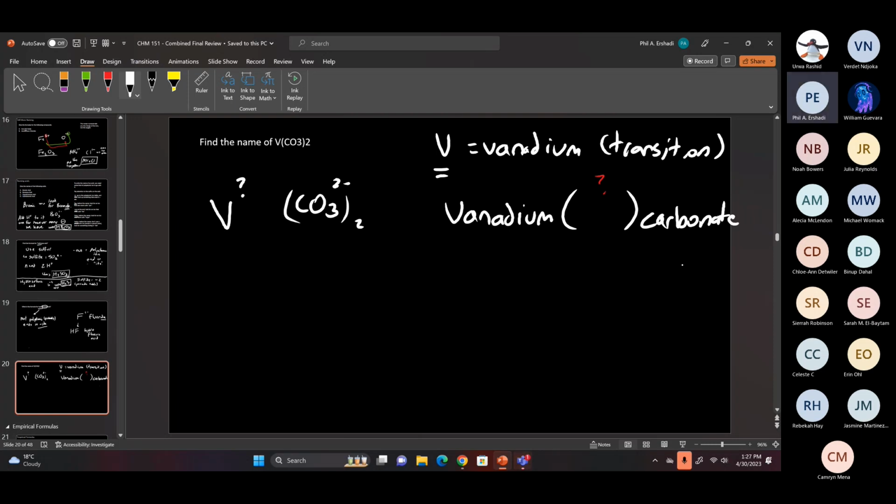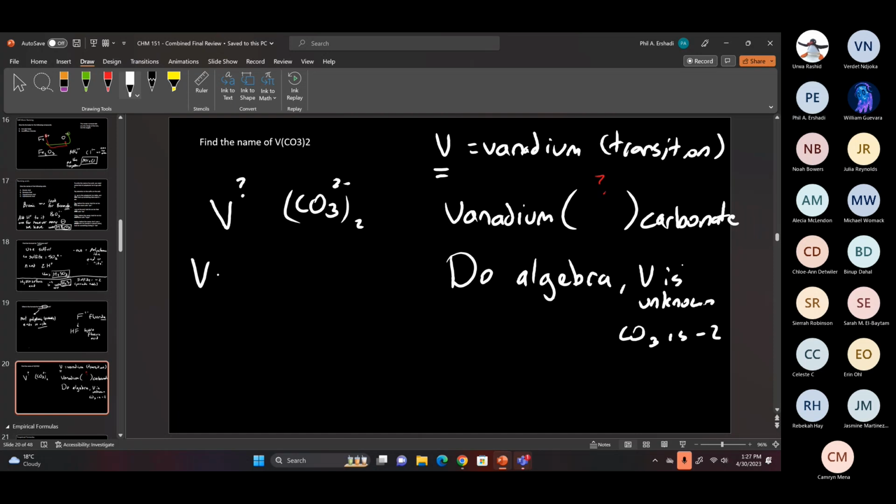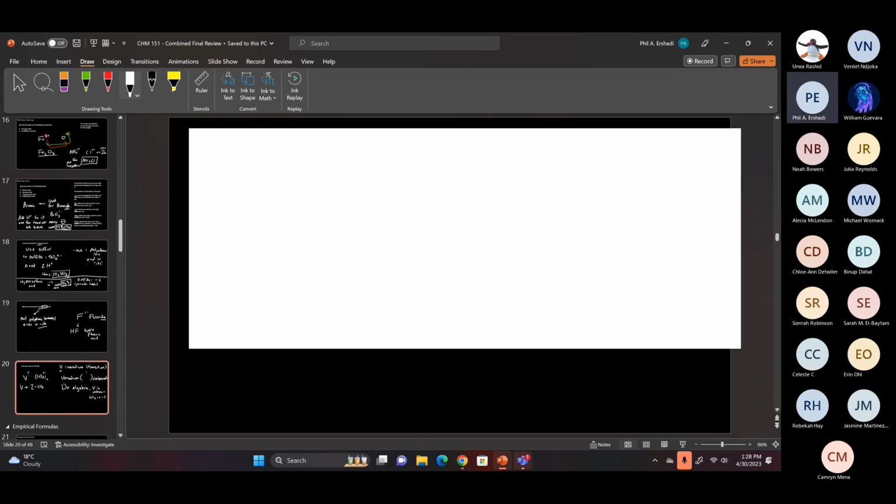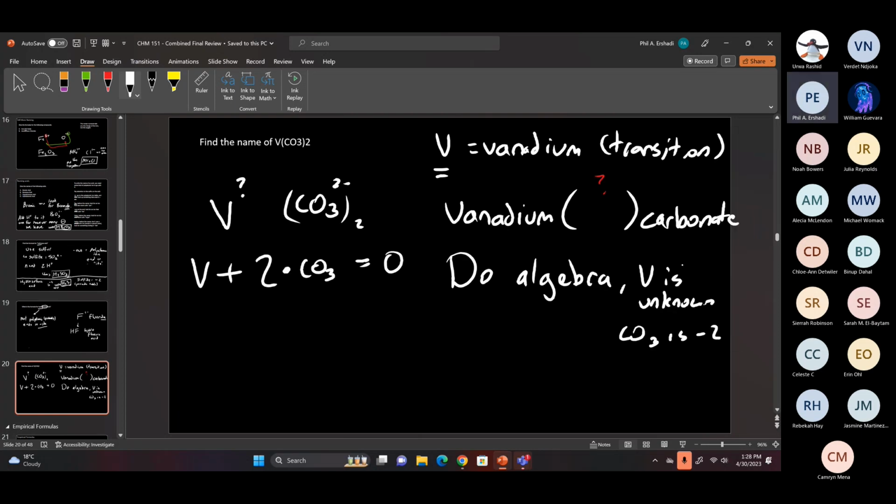So now to figure out what goes in the parentheses, we've got to do algebra. Where V is unknown and CO3 is -2. So we set up an equation here. It says vanadium plus 2 pieces of CO3 together makes 0.